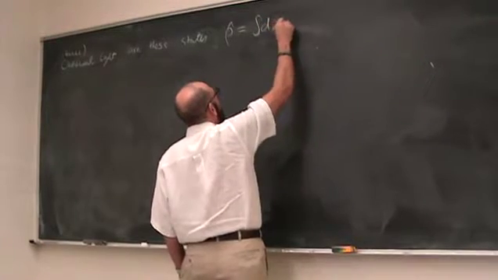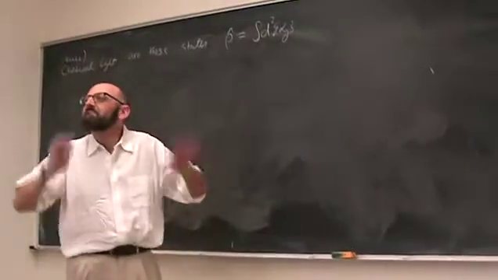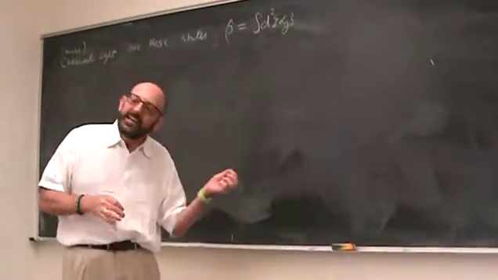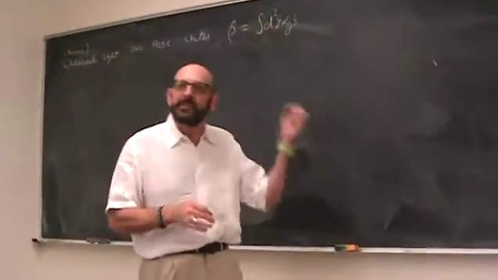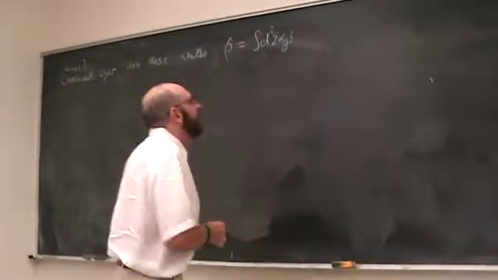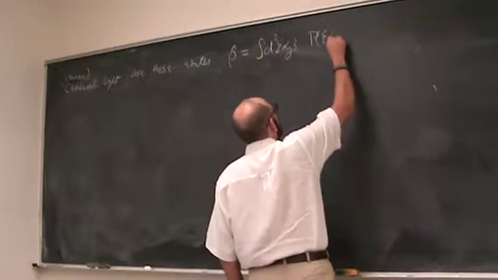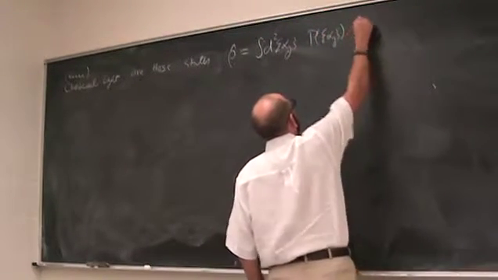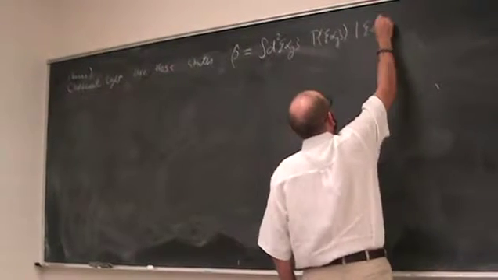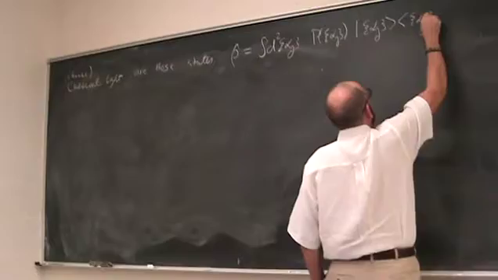Now I'll allow an arbitrary number of modes. So I'll use a shorthand, this really means dx1 dp1 times dx2 dp2, et cetera, times some probability distribution times some projector.